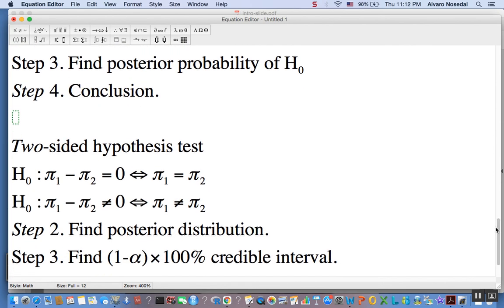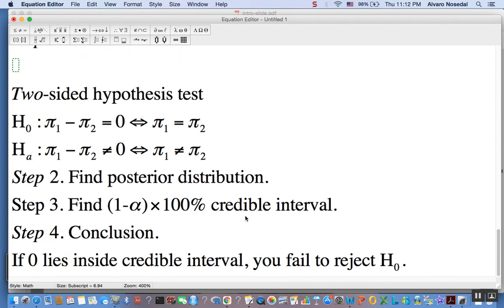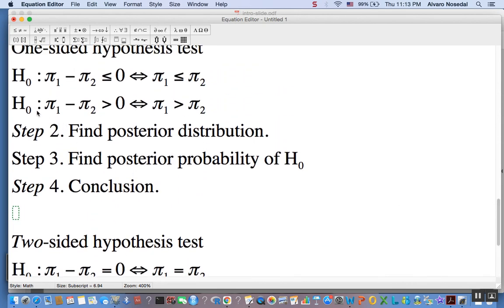On the other hand, if you're interested in testing a two-sided alternative, what you have to do is find a corresponding credible interval, and if the value of the parameter under the null hypothesis lies outside the credible interval, you reject. If it is inside your credible interval, then you fail to reject. So same ideas that we have been discussing lately.